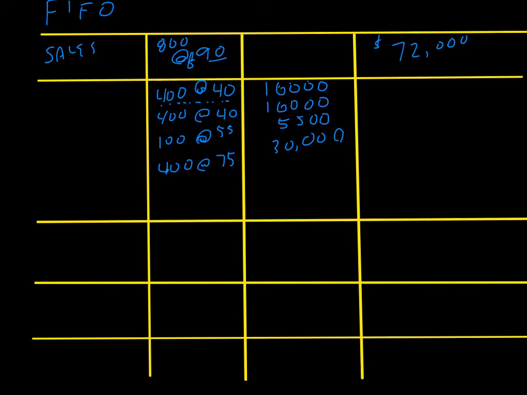Oops. There we go, 30,000. All right, so we got our initial inventory of that $16,000. Again, I'll make a little dotted line here just to say that's our initial inventory right there. Okay, let's come up with a grand total here.